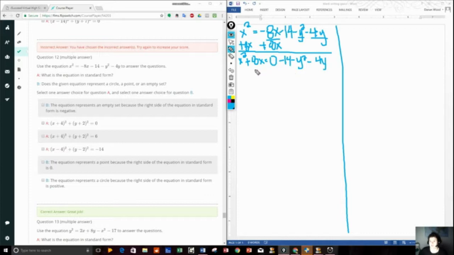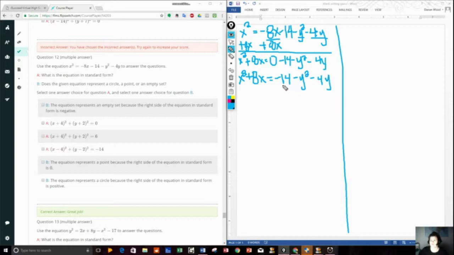Okay, 0 minus 14 is just minus 14, so we have x squared plus 8x equals minus 14 minus y squared minus 4y.